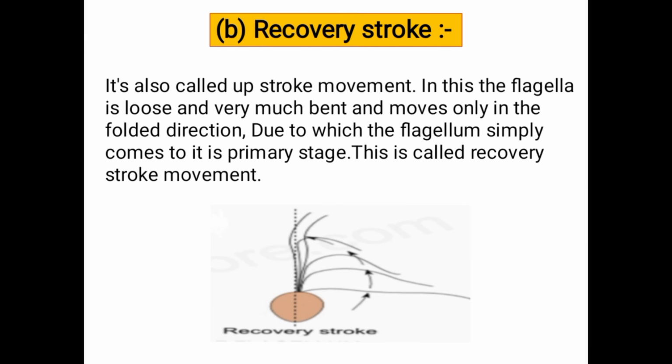It is also called upstroke movement. In this, the flagellum is loose and very much bent, and moves only in the folded direction, due to which the flagellum simply comes to its primary stage. This is called recovery stroke movement.